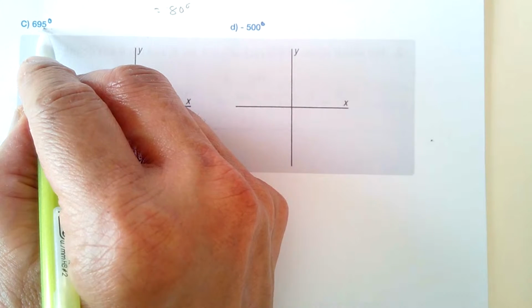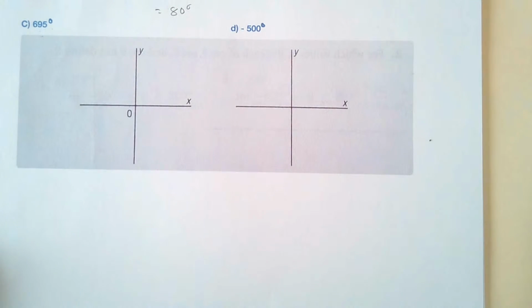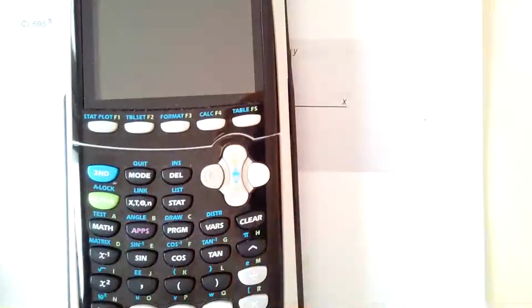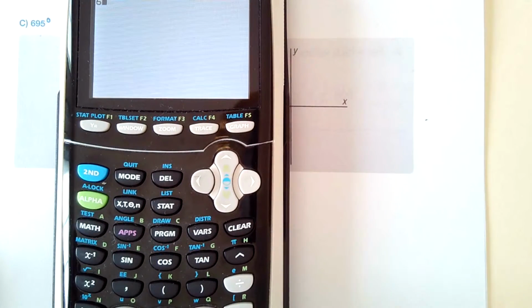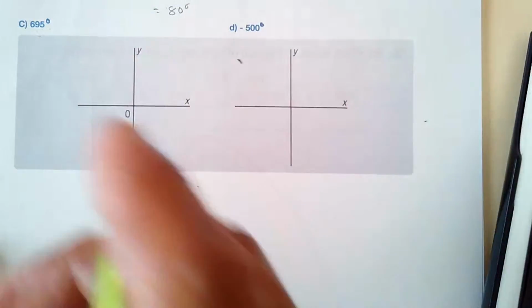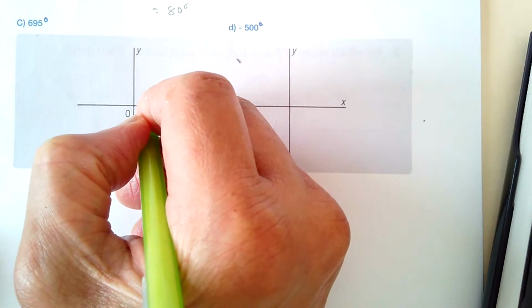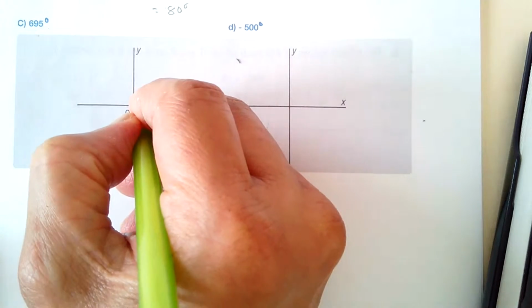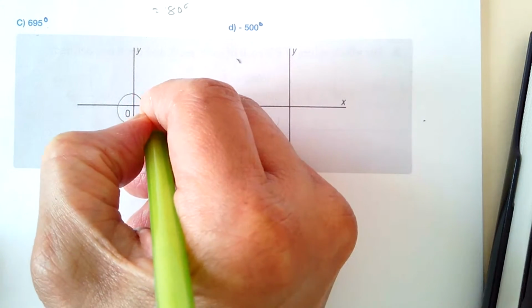One way of looking at this: how many circles do we have here? You can take your calculator, though it might be a laborious way. 695 divided by 360 tells you the number of circles you have. It'd be less than two circles, so you know you're going to go around once. First of all, we start from the x-axis here and go around once, 360 degrees.